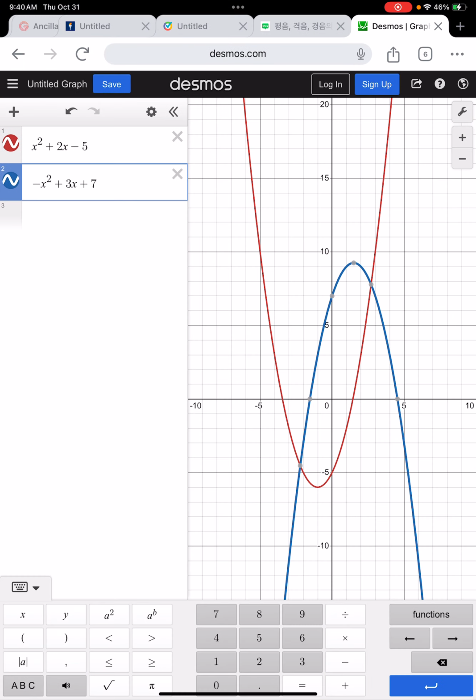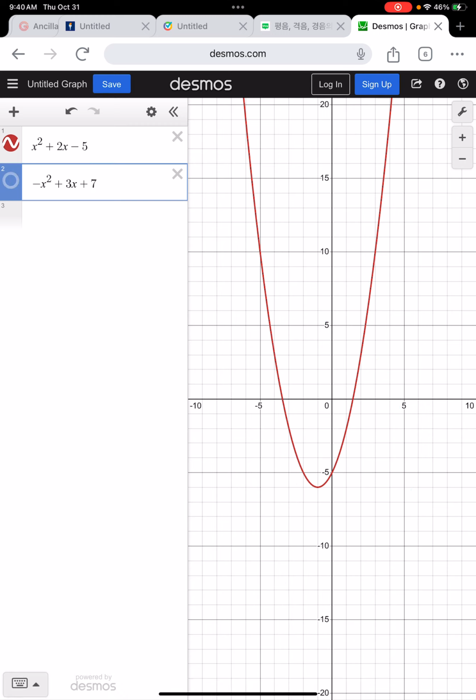So here, I'm gonna just look at one graph. I'm gonna get rid of the blue one, and I'm gonna look at just the red graph. And I'm just gonna pinpoint one point, which is this. This is called the vertex.